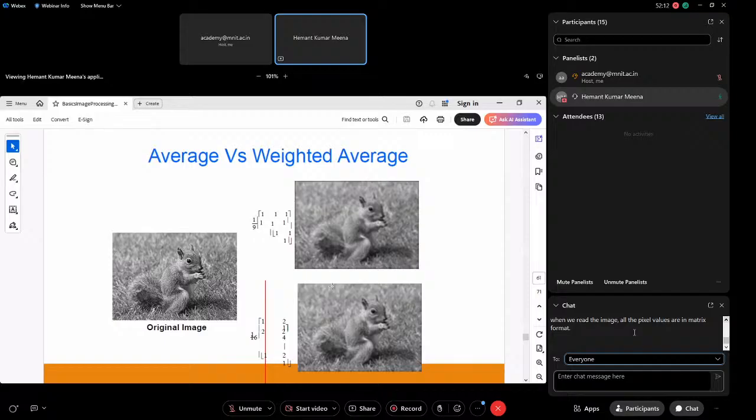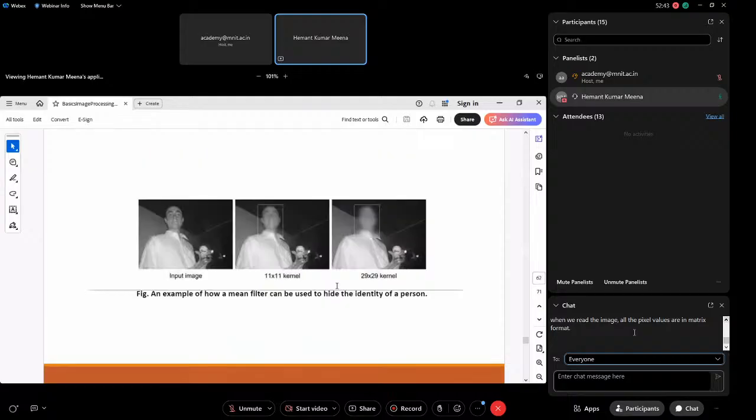Because all are connected in the 9 by 9: the middle one is the centermost, and we take into account the effect of the diagonally upward, diagonally downward and right-hand side pixels with the help of this filter. So not only does the filter size matter, and not only do you need to take equal components, but the weights may also vary, and that gives a different result.